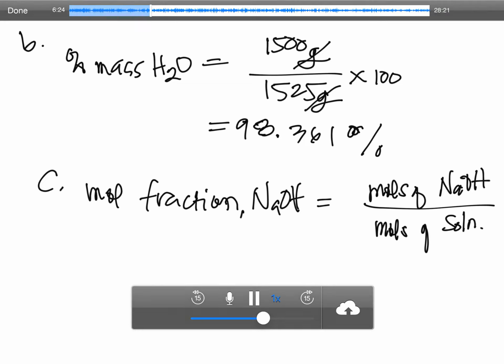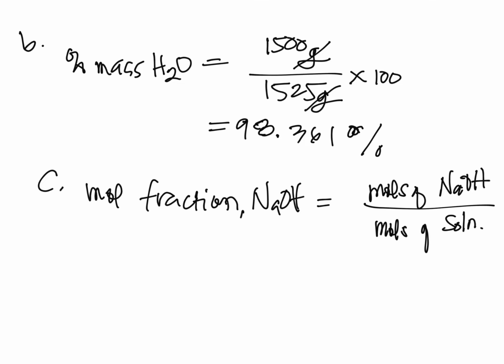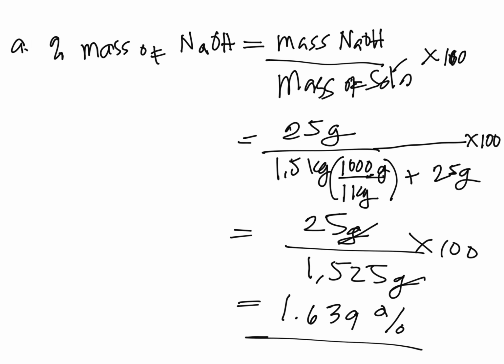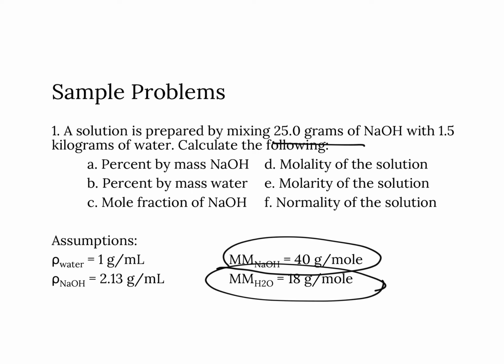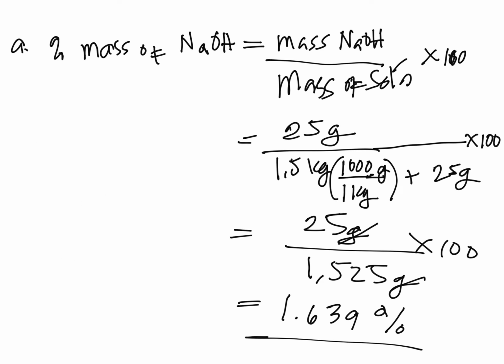Alright? There's no need for you to multiply it by 100% because it's not asking for a percent. It is asking for mole fraction. So how can we get the mole fraction of sodium hydroxide? To get it, we will use this and also this.